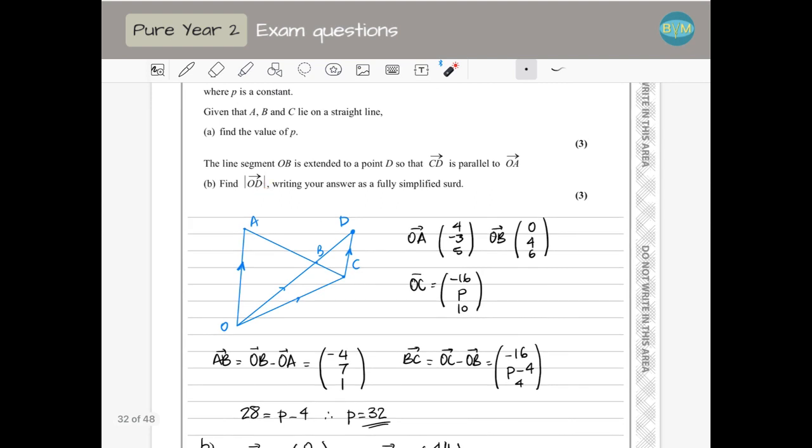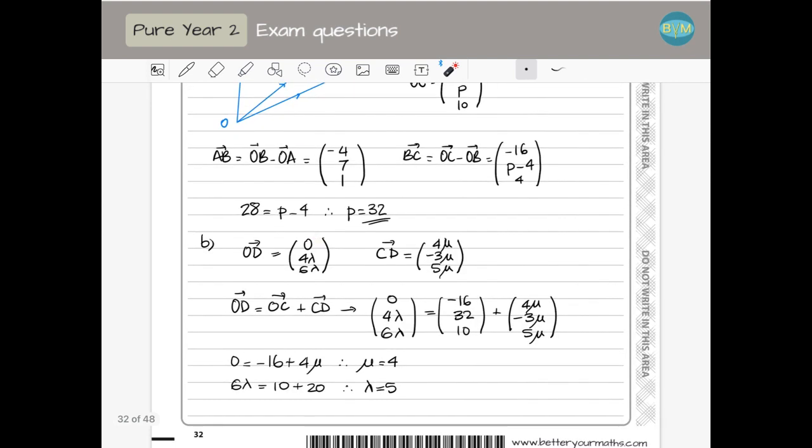So the vector OD, the one I need to find the magnitude of, is (0, 4 lambda, 6 lambda) when lambda is 5. So my vector OD is (0, 20, 30), or 20i plus 30j.